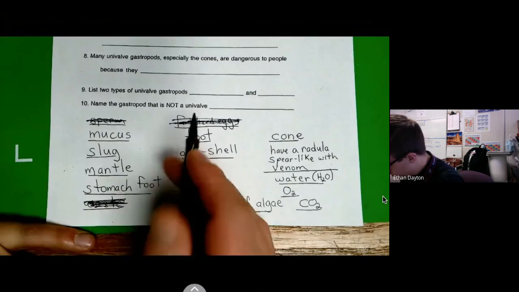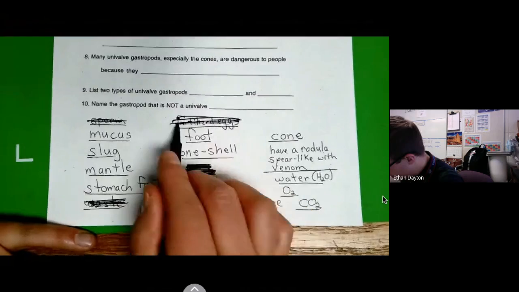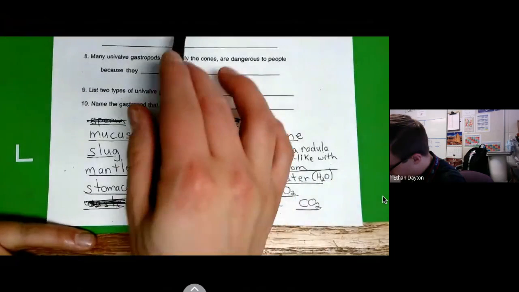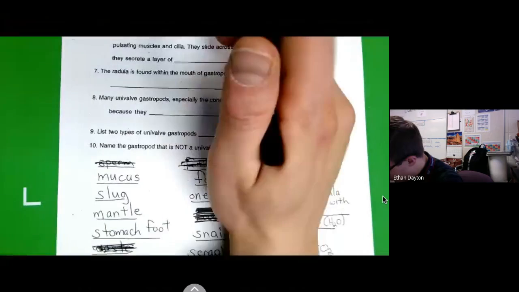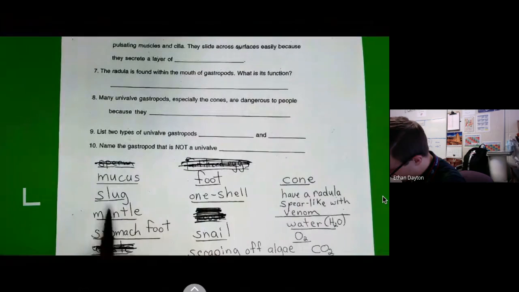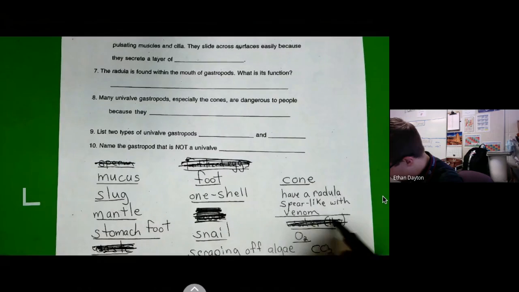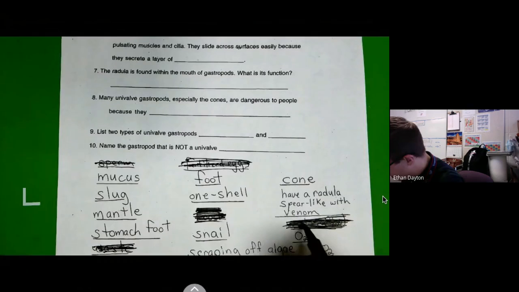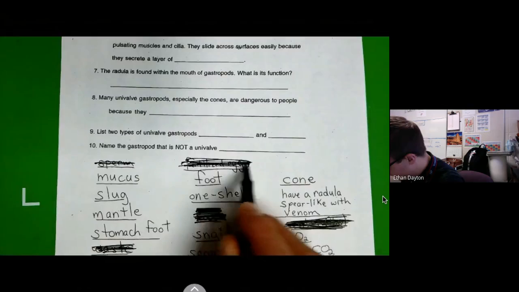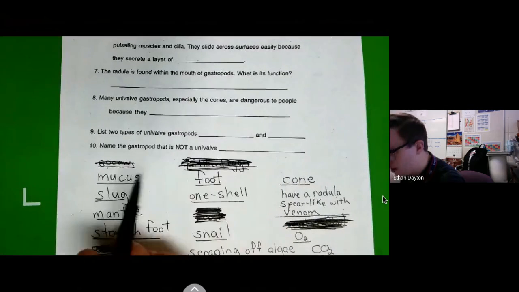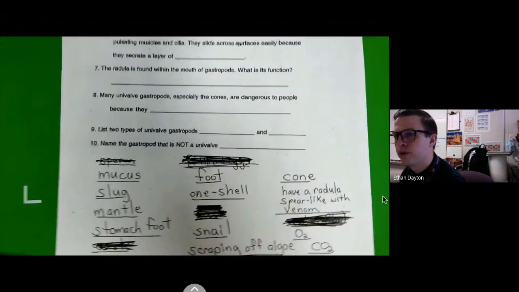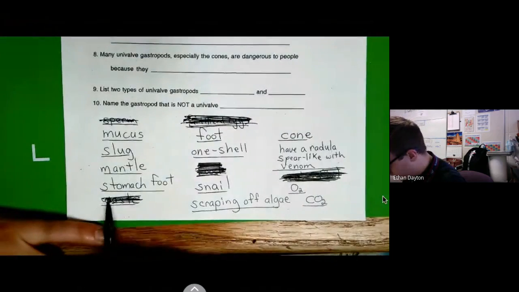So you can be crossing these off on Cami. And then you will not use water. Everybody got those crossed off? I will say them again. You will not use sperm. You will not use waste.